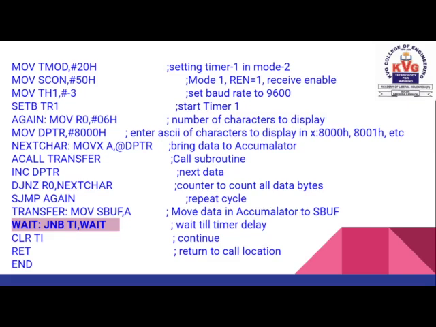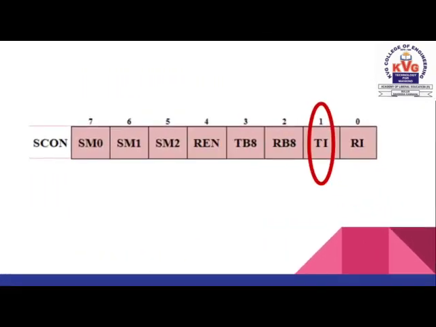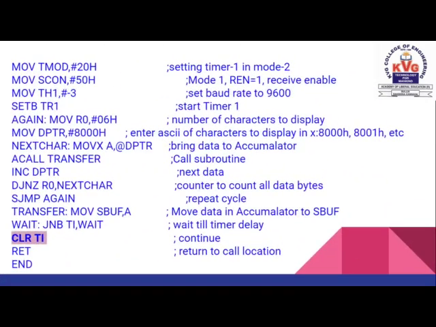It must be cleared by the program. The bit 1 in the SCON register is the TI flag, which will become 1 when the transfer finishes. The TI flag must be cleared by the program before the next character can be transmitted.